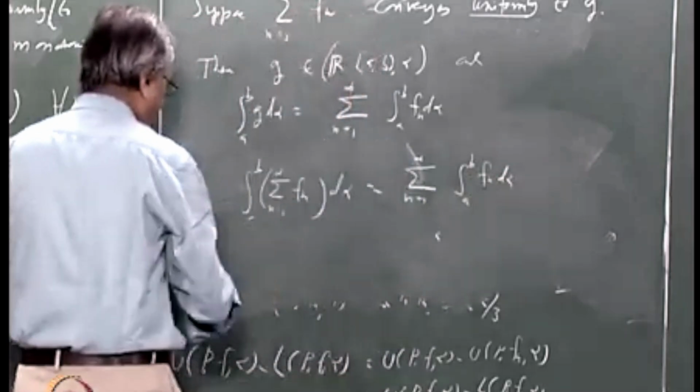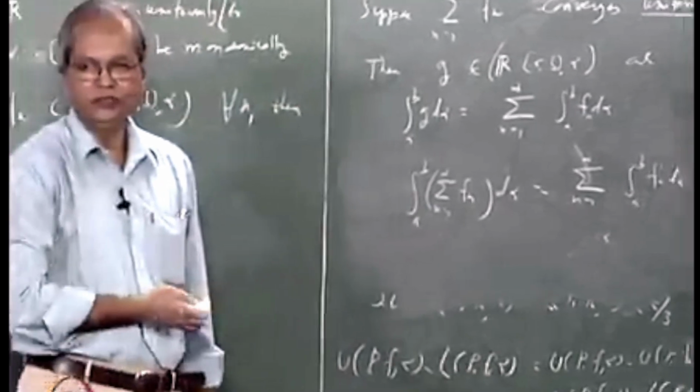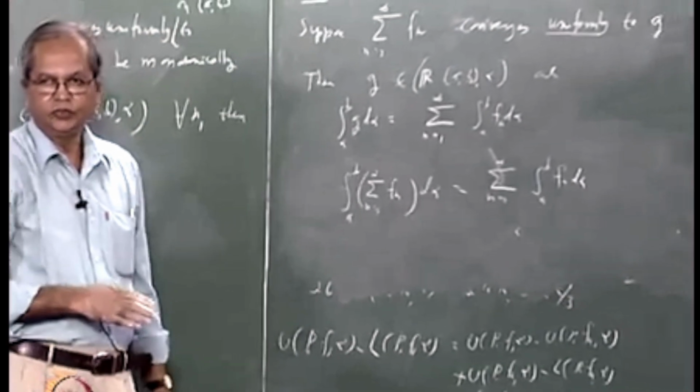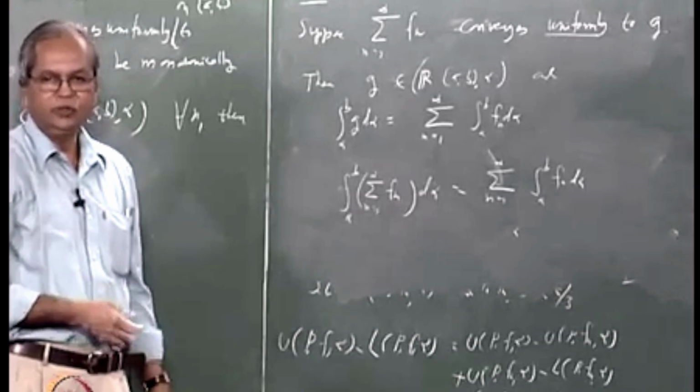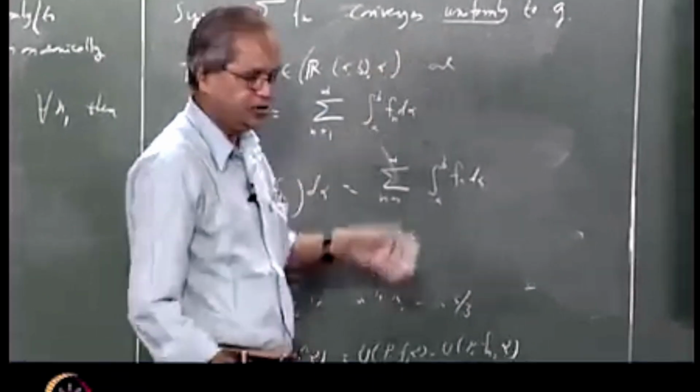In other words, the operations of integration and summation can be interchanged, and this can be done provided the convergence is uniform. That is what this theorem says, okay.